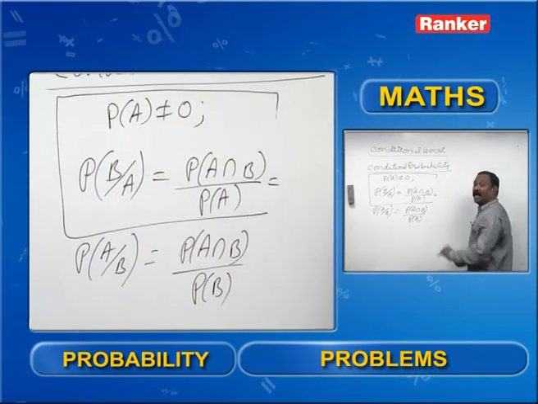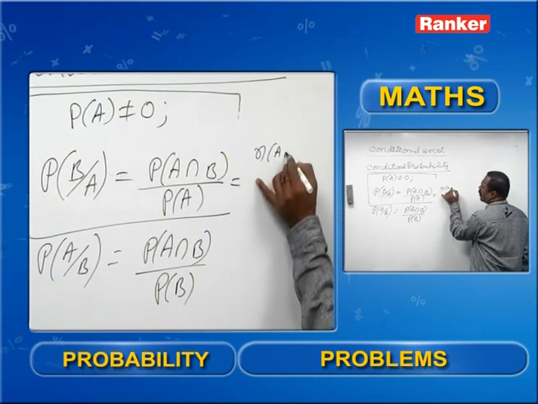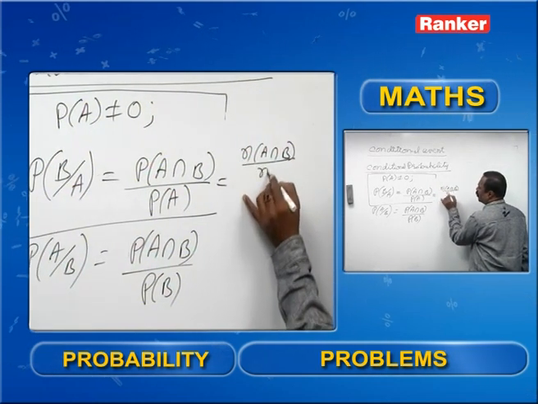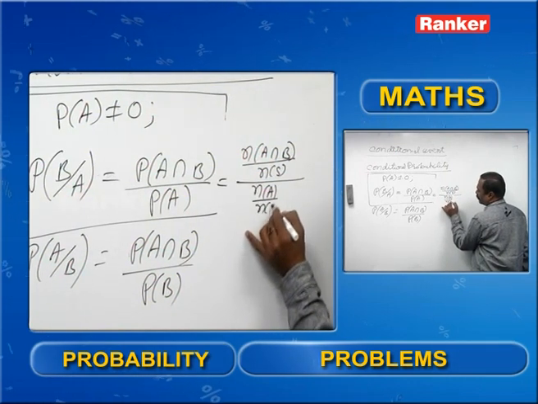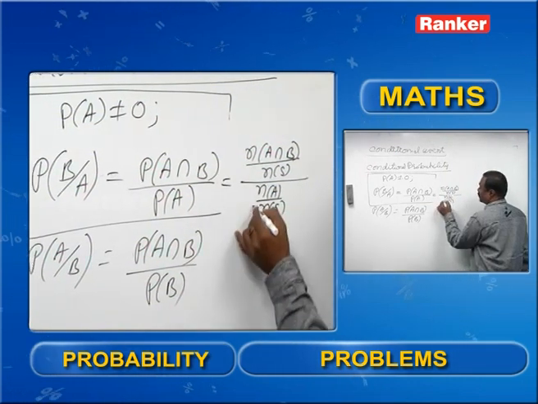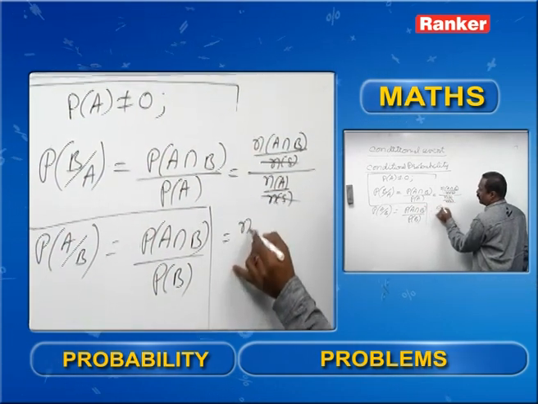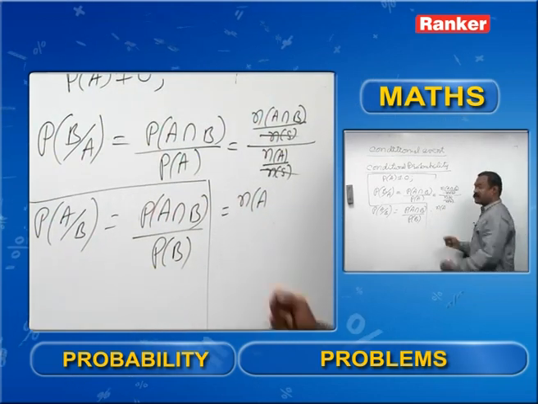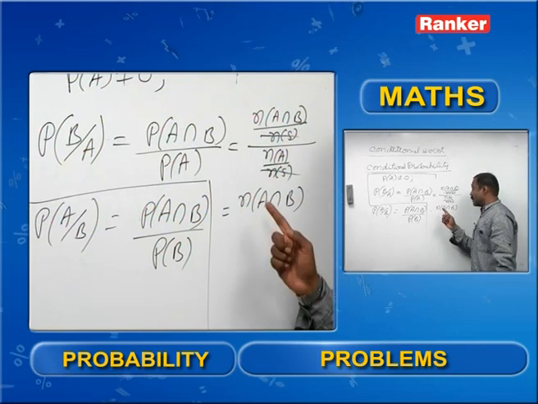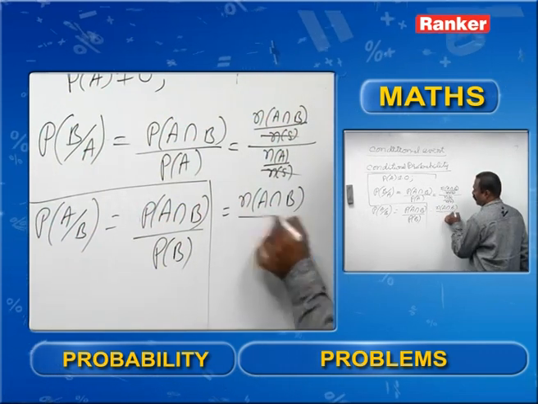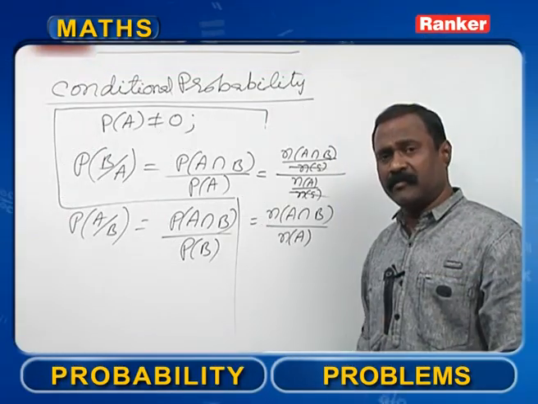Now, if I apply the classical definition of probability, it is n of A intersection B upon n of S, upon n of A upon n of S. The n of S gets cancelled, and the formula simplifies to number of outcomes in A intersection B divided by number of outcomes of A. What was the previous formula?